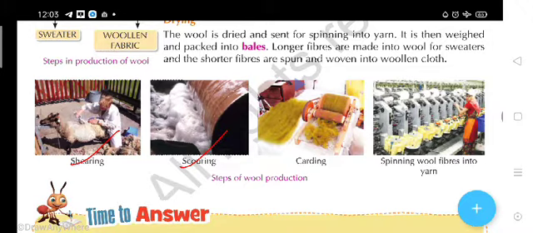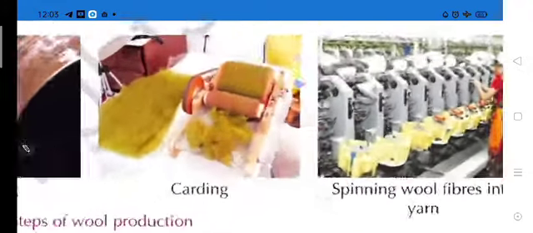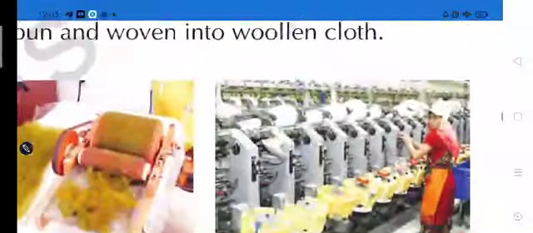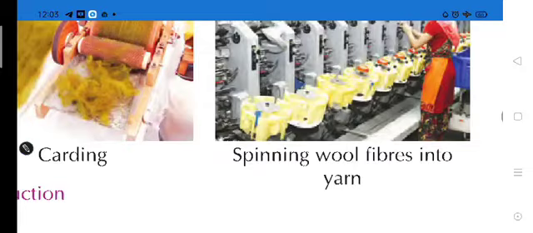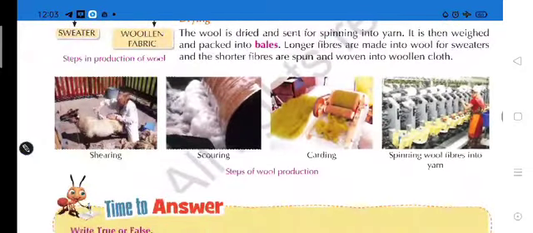Removing the dirt, grease, whatever. And in the carding process, what's happening? Selecting the different categories of wool. And in spinning, we see this is the machinery process in which spinning is taking place.